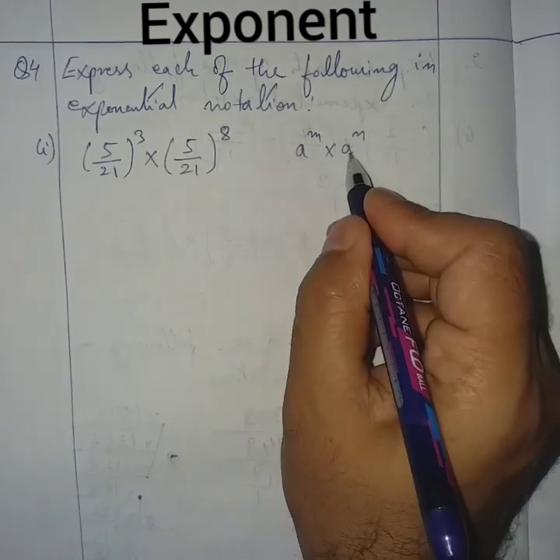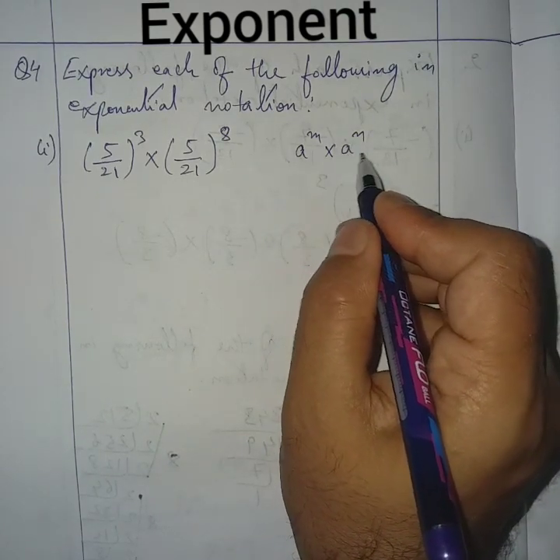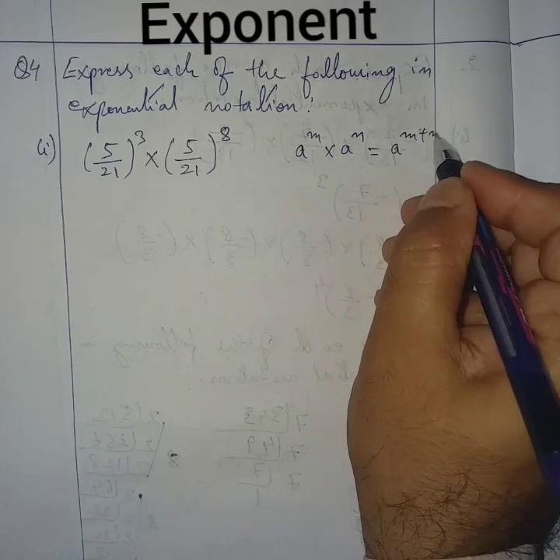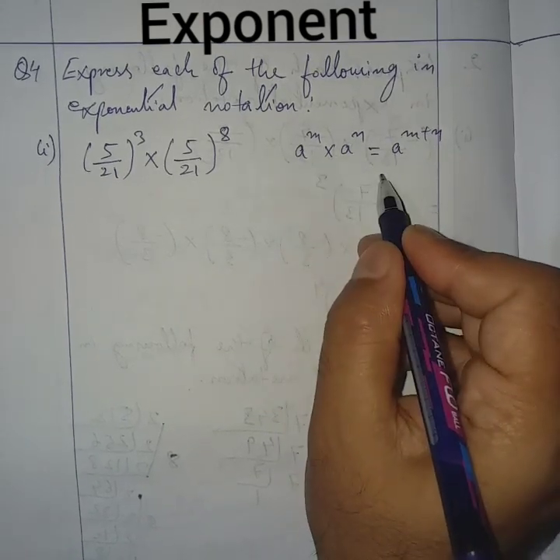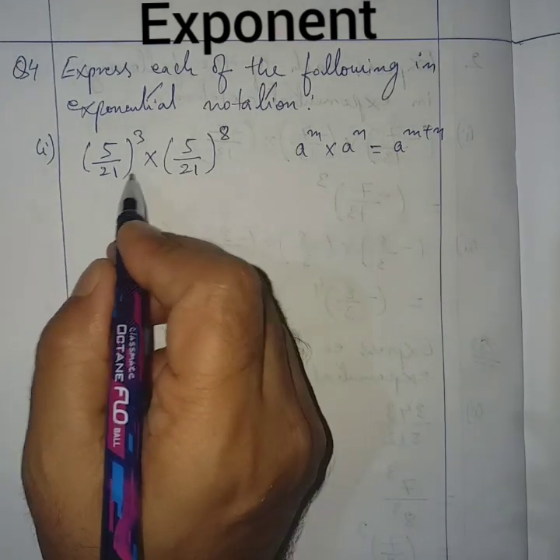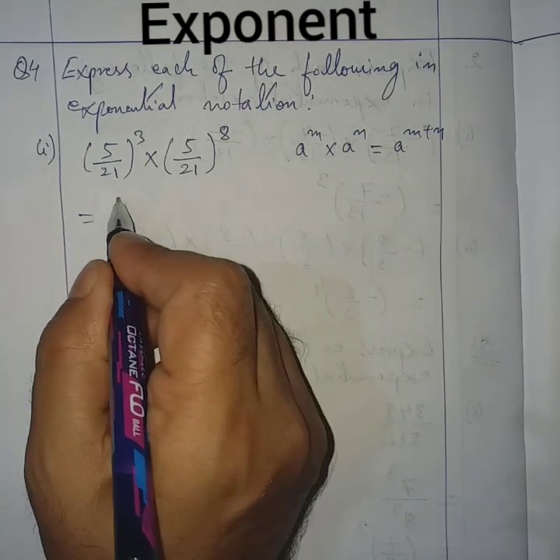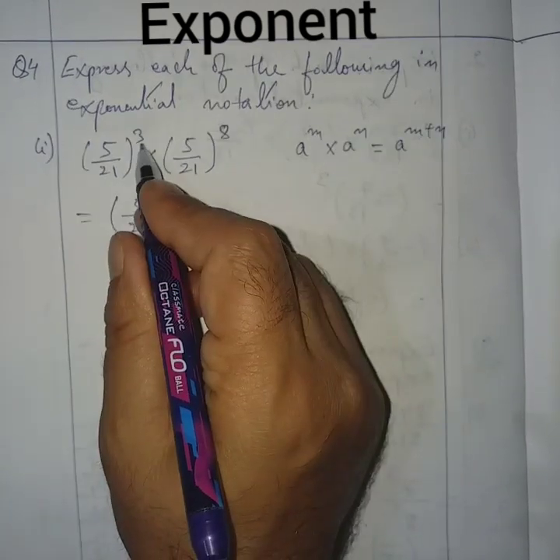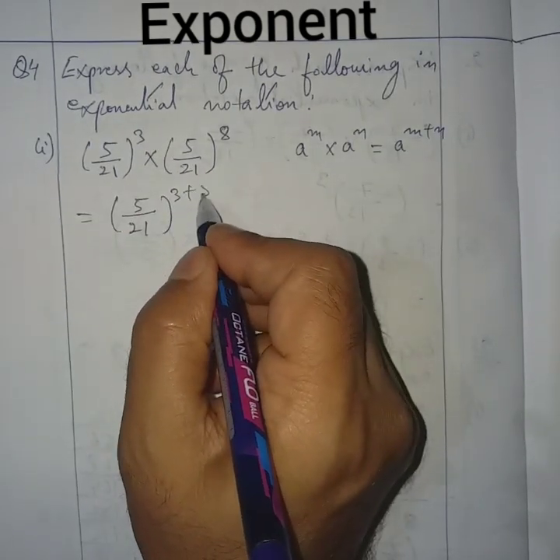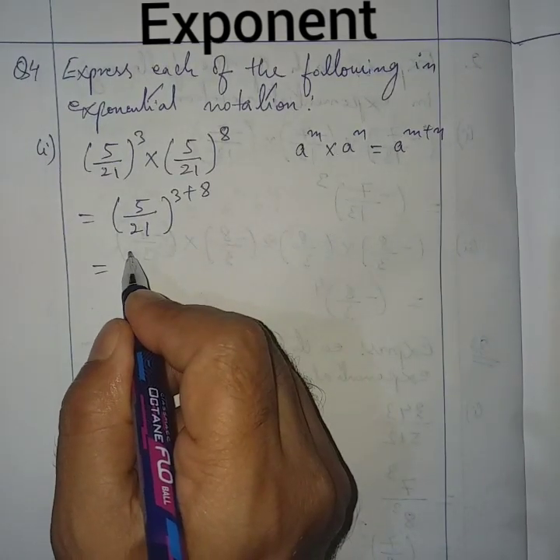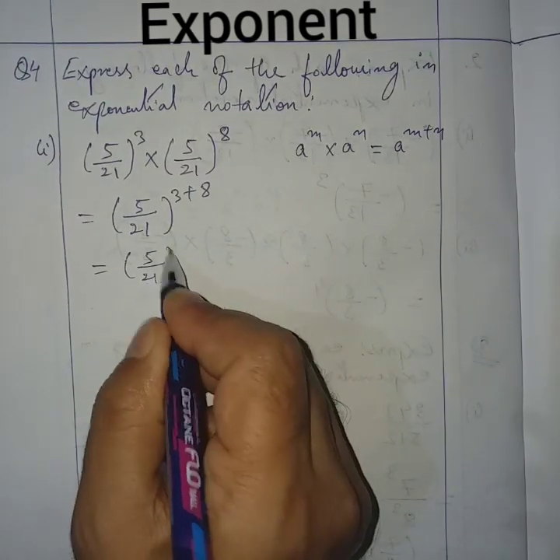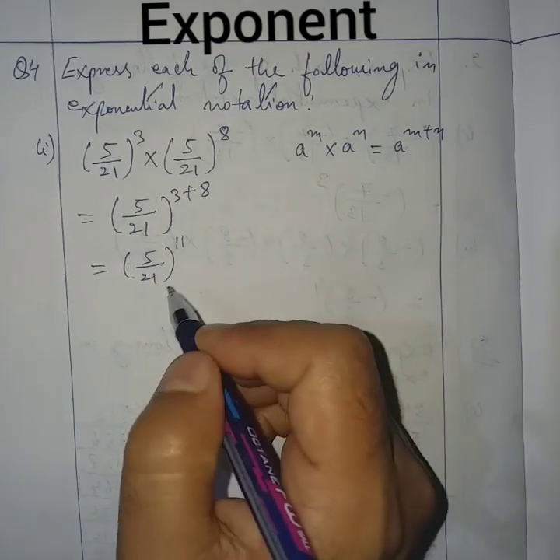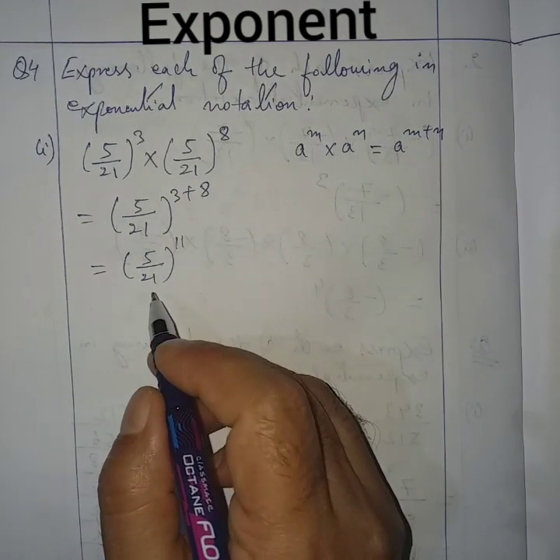When bases are same and they are multiplying, we'll add the powers, a to the power m plus n. With this law of exponent we can solve this. So here the base will be 5 by 21 and the powers will add, 3 plus 8, which gives us 5 by 21 whole to the power 11. Okay, so this way we have to do.